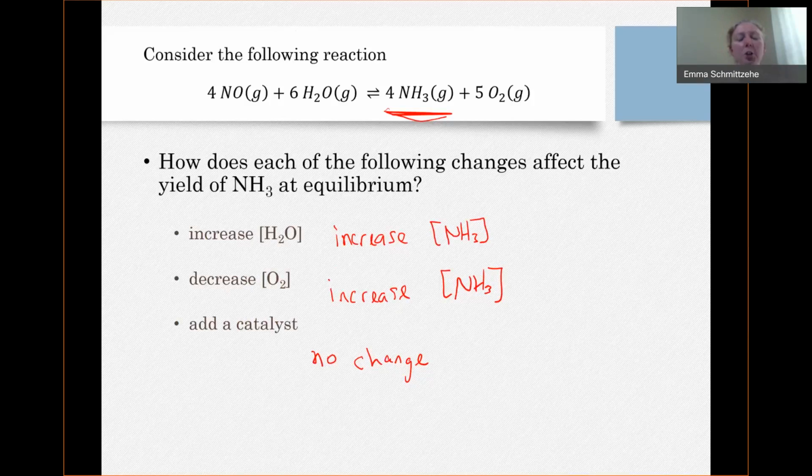But if you don't understand Le Chatelier's principle, you don't know what you could change to fix this, right? I guess you can always do trial and error, but it's nice to just be able to look at it and be like, oh, well, obviously I can just add some more H2O and it'll give me more product. And so you can find ways to manipulate the equilibrium if you understand Le Chatelier's principle.